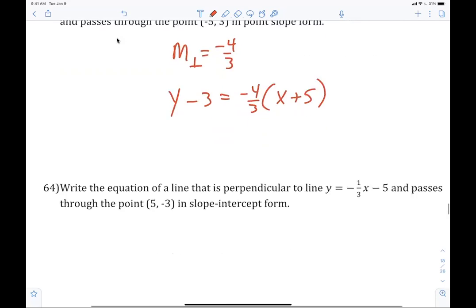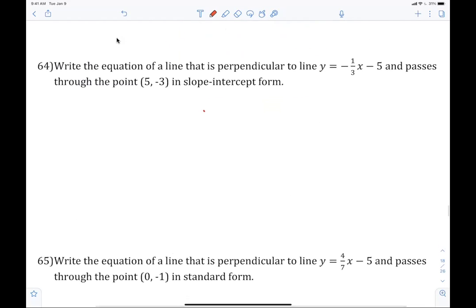All right, Abby, go. What's the slope of the perpendicular? -3/1. Close. 3/1. Yes. You understand me, right? Yep. All right, write the equation. Y plus 3 equals 3 times x minus 5.